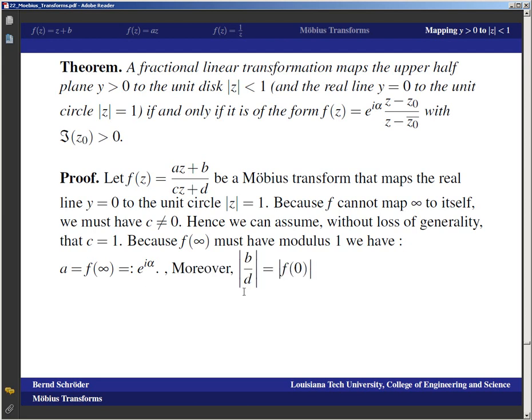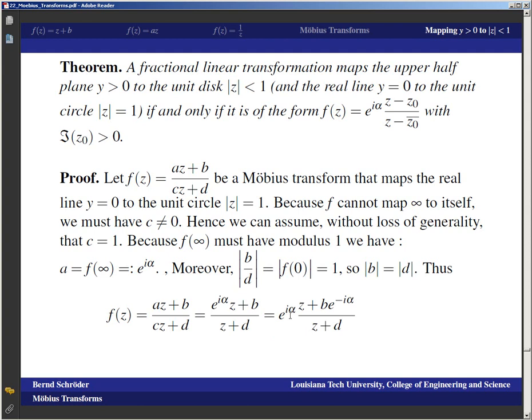And the absolute value of b over d is the absolute value of f of 0, because we plug in zeros here. And that's equal to 1, right, because the real line goes to the unit circle. And that means that the absolute value of b is the absolute value of d. So that means that f of z is actually e to the i alpha z plus b over z plus d, which is equal to e to the i alpha z plus b e to the negative i alpha over z plus d.